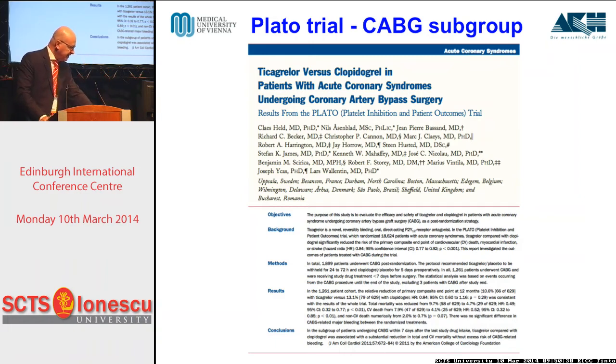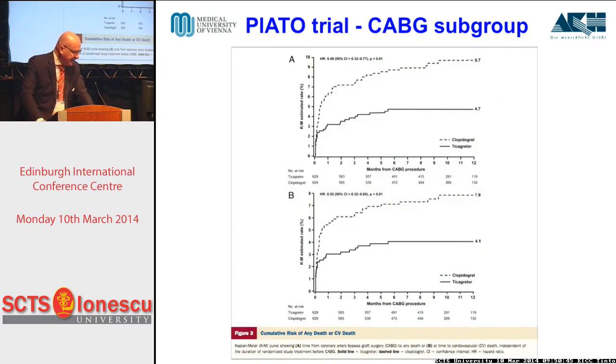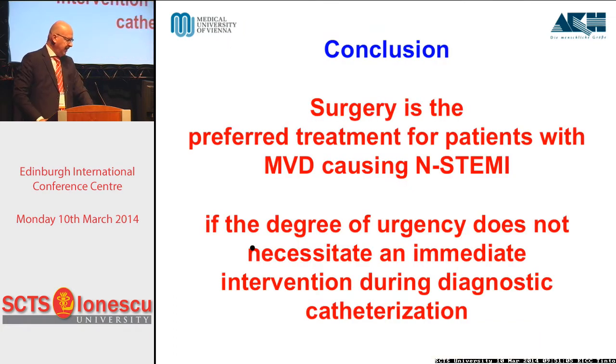It was published in the journal Circulation, and showed that patients within the PLATO study undergoing interventions for acute coronary syndrome, if they received CABG, had a substantial reduction in 1-year mortality from 9.7 to 4.7, so almost 50% relative risk reduction of 1-year mortality, and also almost 50% reduction of cardiac death. And this is something which could also benefit our patients.